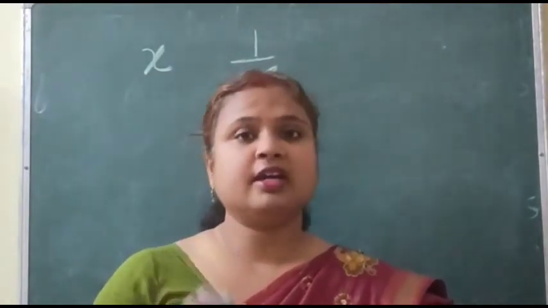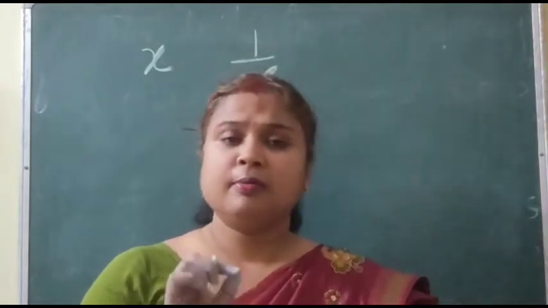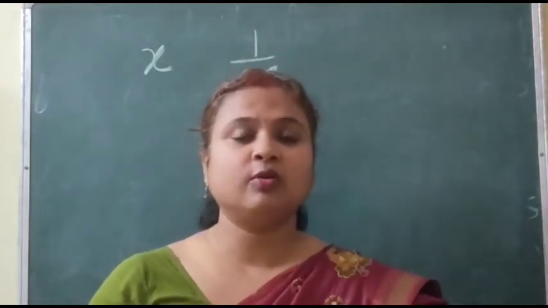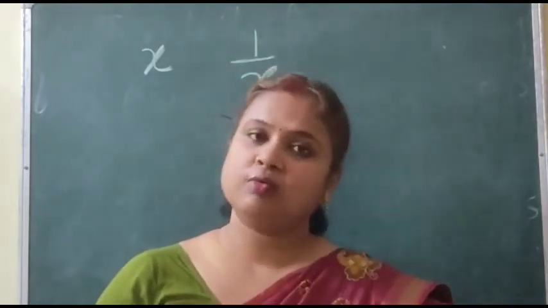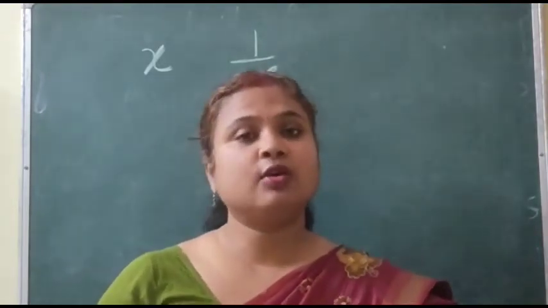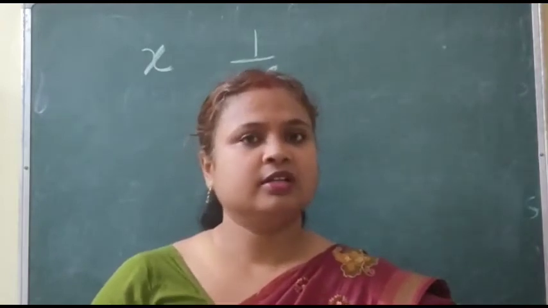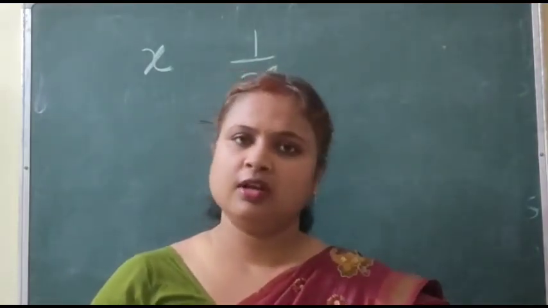And this 1 by x will also be a whole number, but only when the value of x is 1. If the value of x is other than 1, then it will not be a whole number.